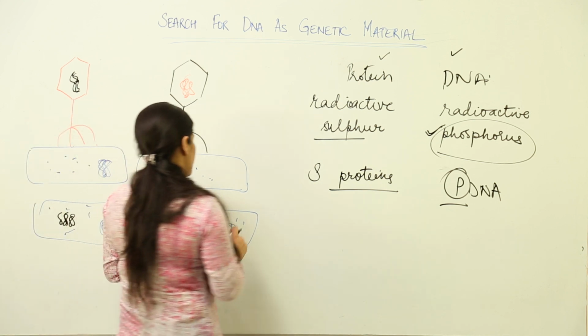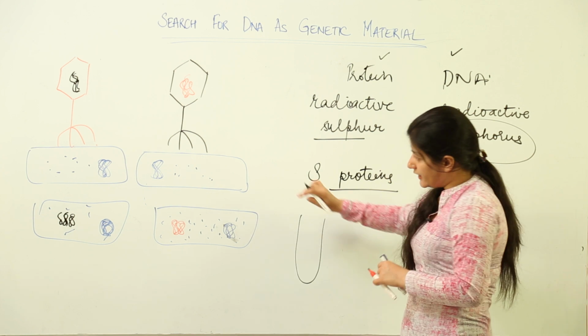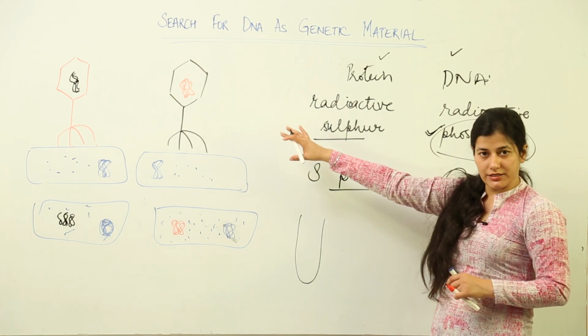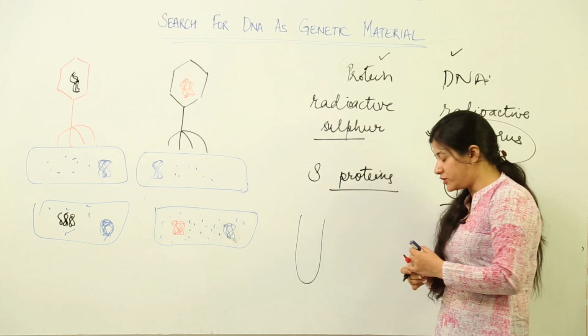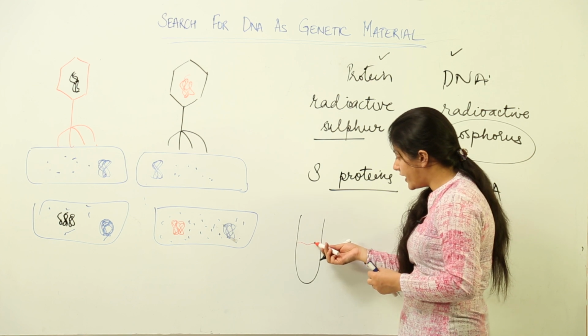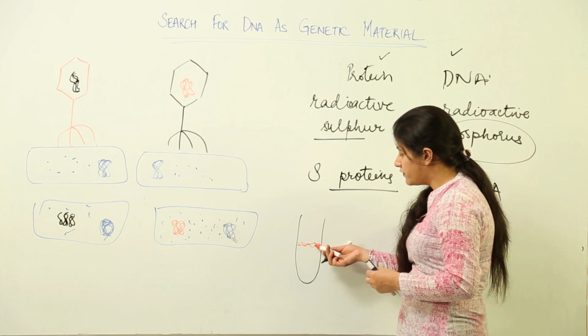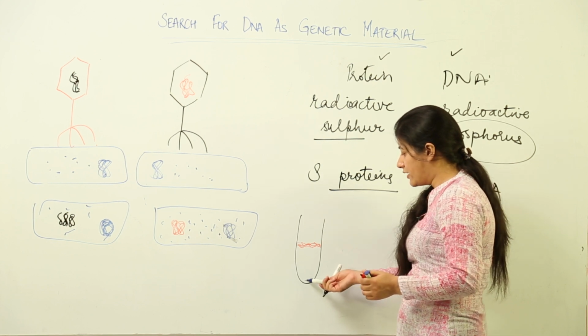Now the next step would be centrifugation. Inside the test tube what will happen is that now the protein coat will get separated. Once it has been centrifuged, it will get separated and it will float as supernatant. In the case of protein, you are going to find radioactive supernatant while the heavier E. coli cells settle down.